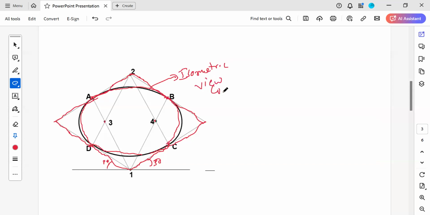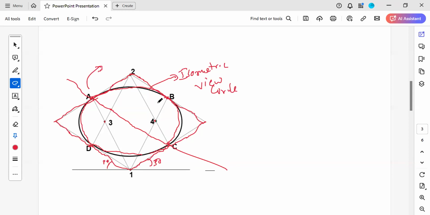This is the main drawing in this isometric view, because there are many circles. So we need to draw those circles and half circles. For a half circle, you take half of the diagram like this, and the half circle drawing will follow the same procedure.